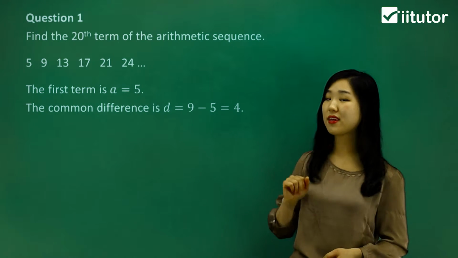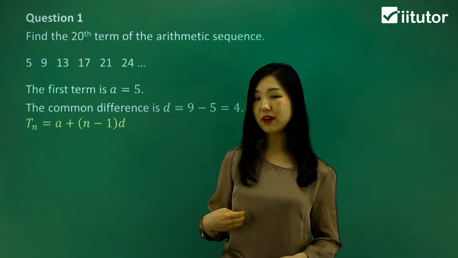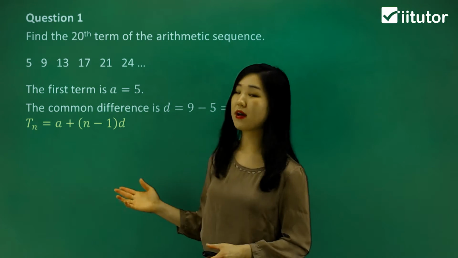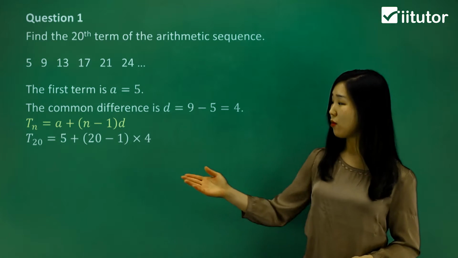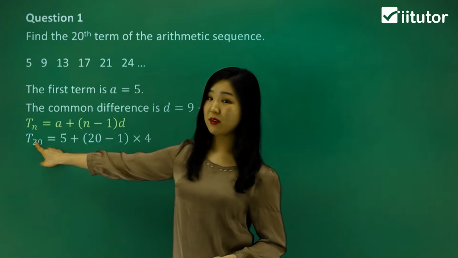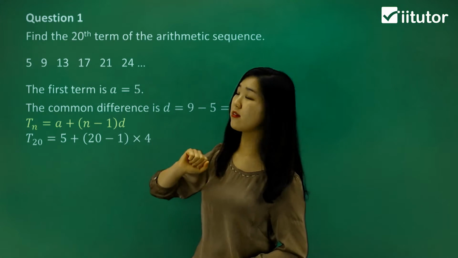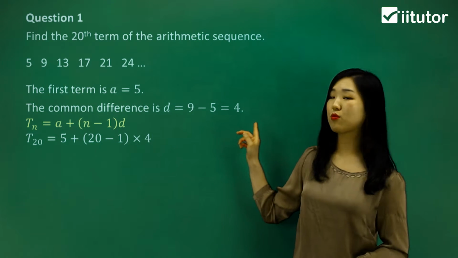And we want the 20th term, don't we? So we'll have to use our formula here, the Tn formula. And you know that it's a plus n minus 1 d. The n is going to be 20. So a is 5. N, as I said, I put T20 because I want the 20th term. That's what's in the question, right? So I put 20 into n, and the common difference, as we found, is 4.